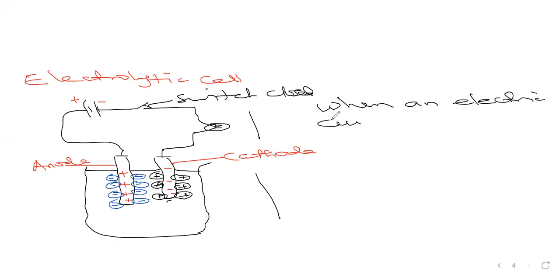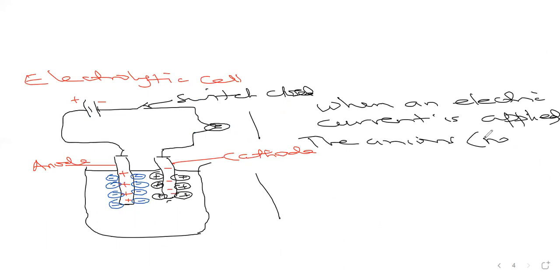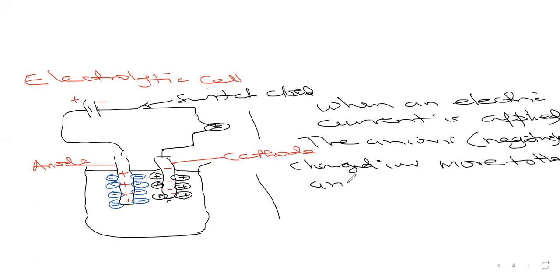When an electric current is applied, what happens is that the anions, which are the negatively charged ions, move to the anode. I want you to note this. Anions, anode.